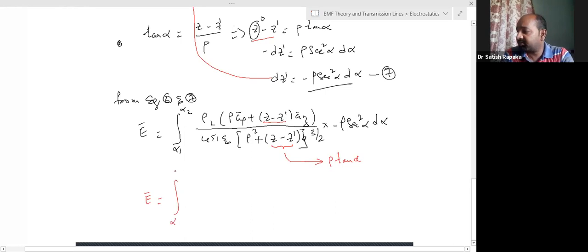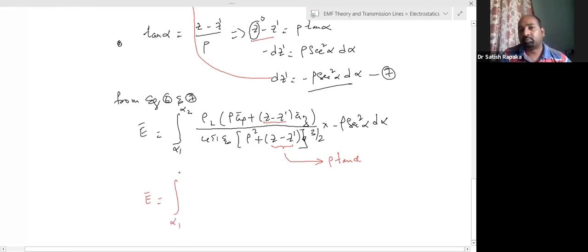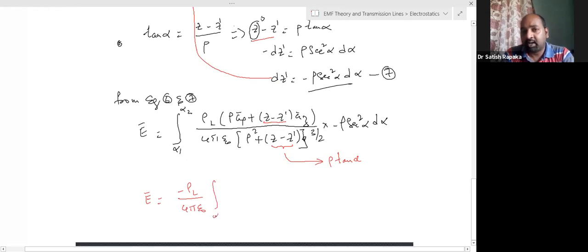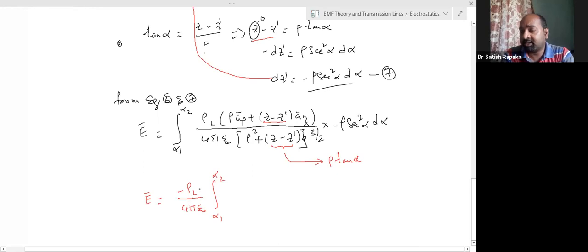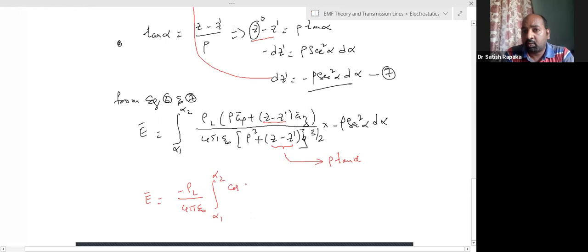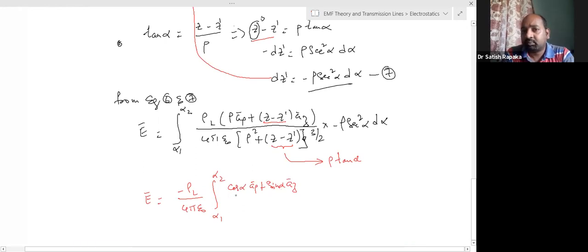So I will write down the simplified equation here: minus rho L divided by 4 pi epsilon naught, integral alpha 1 to alpha 2, the constants are taken outside, cos alpha a_rho bar plus sin alpha a_z bar, divided by rho, d alpha. This you will get after simplification.